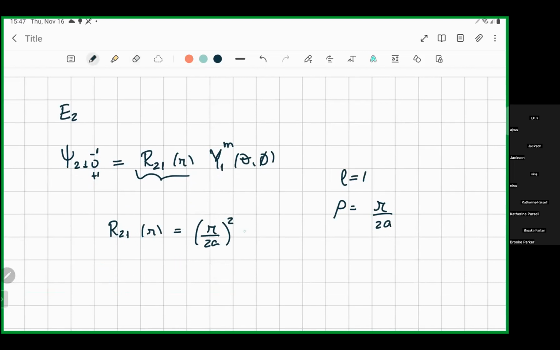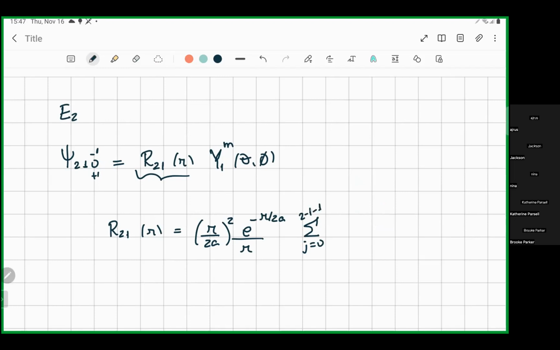We have the exponential of minus rho. So rho is R over 2A. We also have R in the denominator, and we have our V function, which is a sum from J equals 0 to what? N is 2, L is 1, and minus 1.